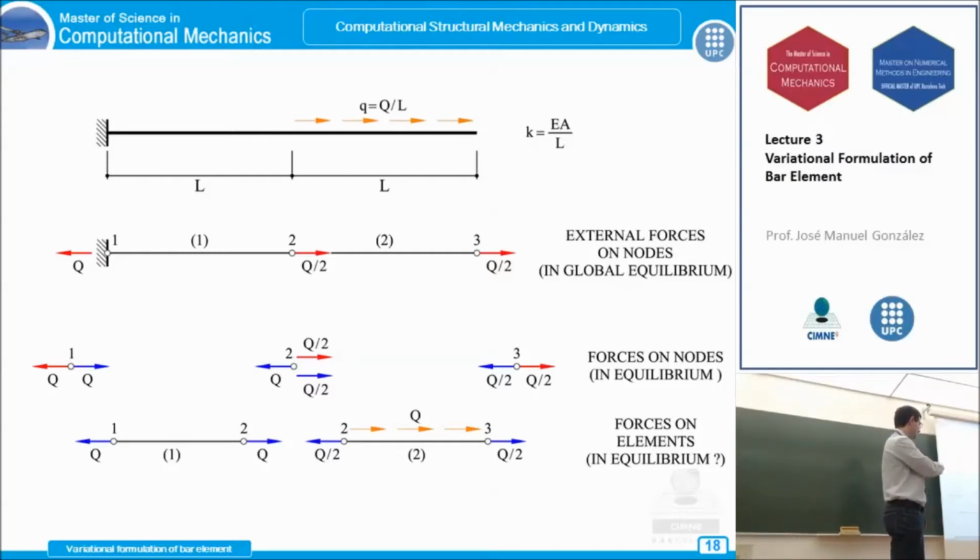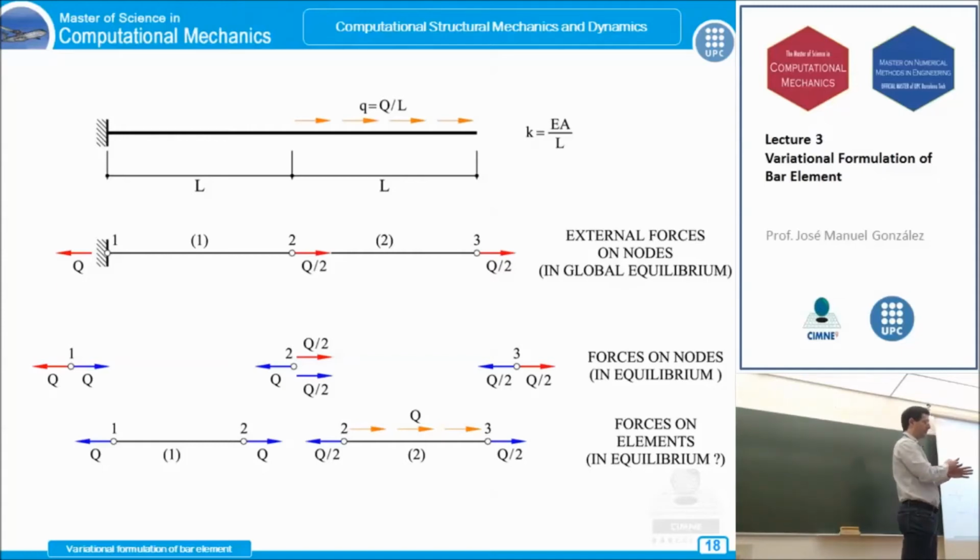We are considering these forces over the elements. We got this Q and Q in the first element, so we have an equilibrium here. But look, here we have 1/2 and 1/2 of Q in node 2 and 3, which is not in equilibrium with the axial load applied here in the second half. So this discretization of the problem leads to results in this way.